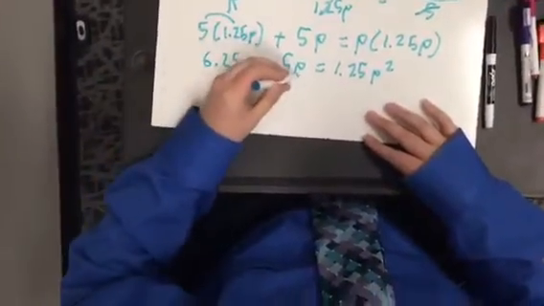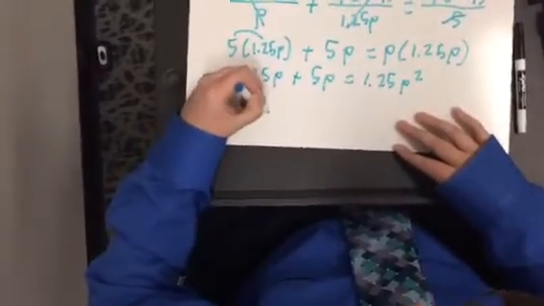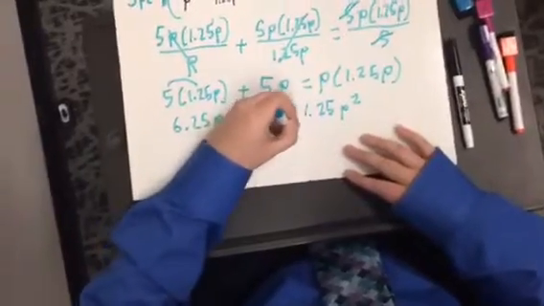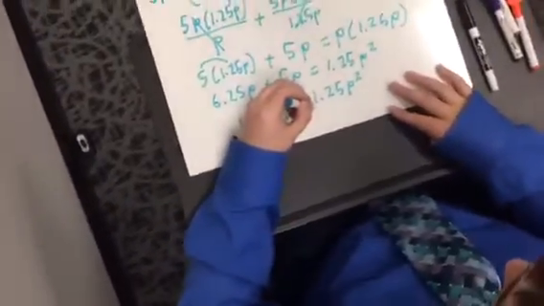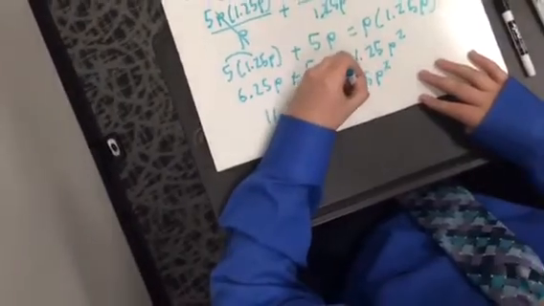Now, we can combine like terms where we have p, and we can get 11.25p equals 1.25p squared.